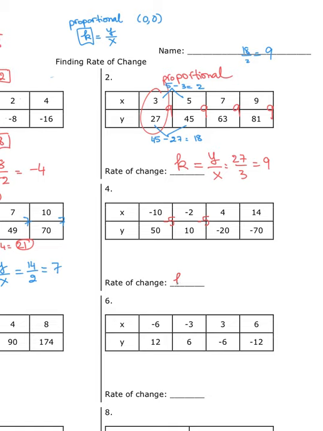So you know that the rate of change, 50 over negative 10, is negative 5. That's the rate of change. However, if you do m, you do change in y. So 50 take away 10, you got 40.